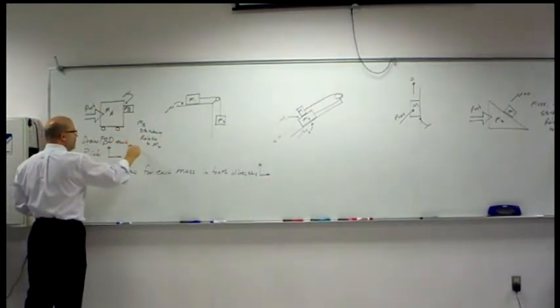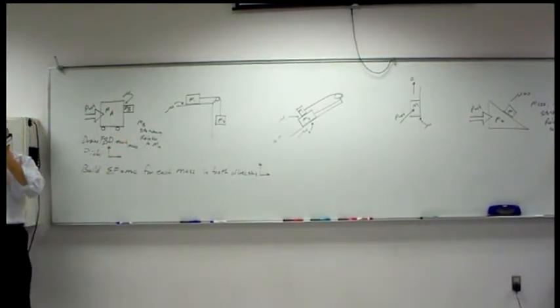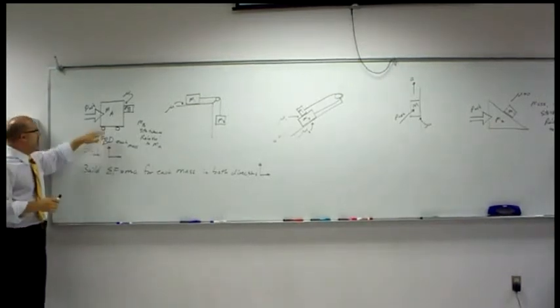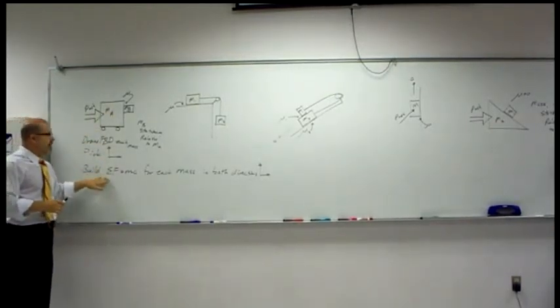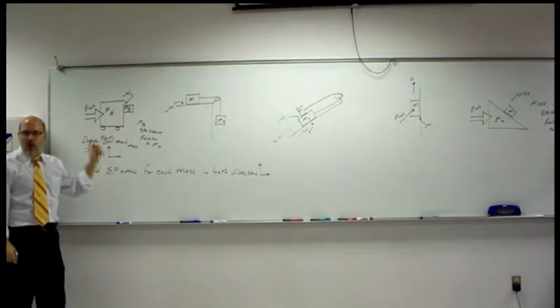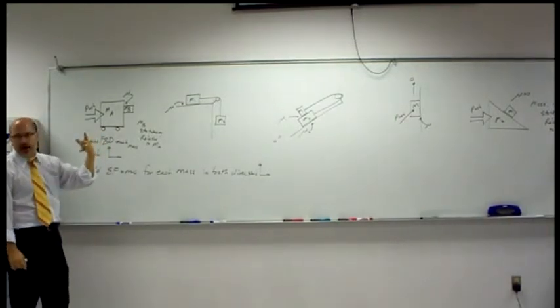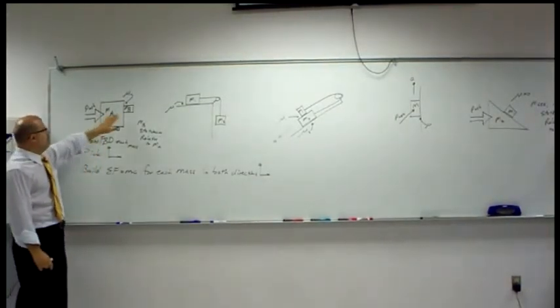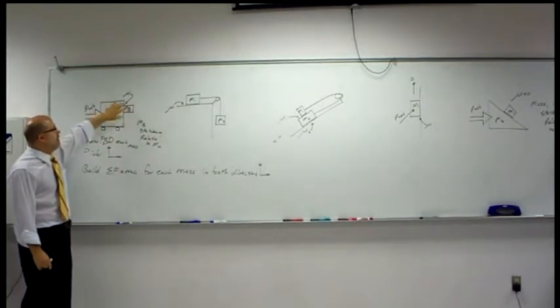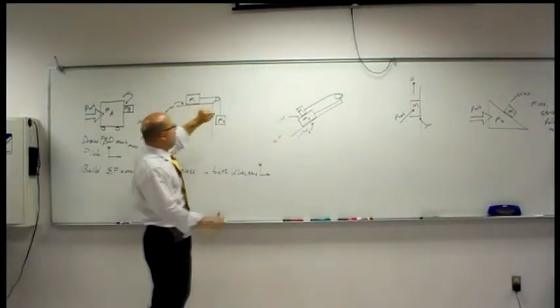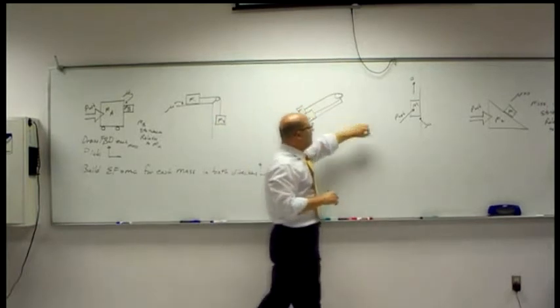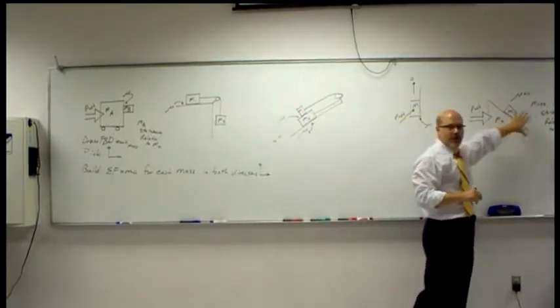You can't do this without drawing a free body diagram. So draw a free body diagram for each mass, pick your coordinate system, and then write F equals MA for both coordinates, X and Y, or parallel and perpendicular, whatever it takes. So you'll have 4 equations here, 4 equations here, 4 equations here, 2 equations here, 4 equations here.